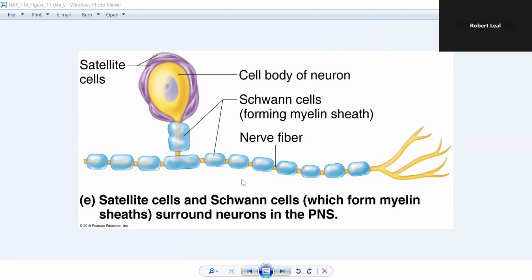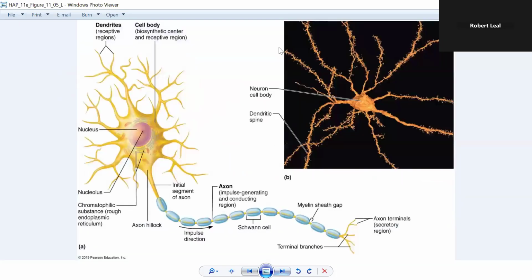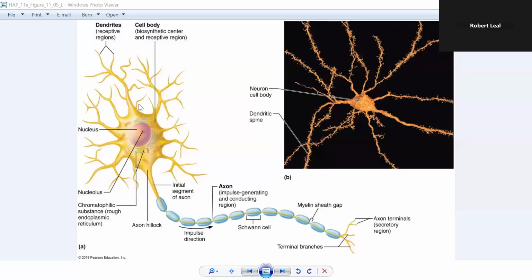You might notice in this picture, just take note, not all neurons are going to look the same. We'll get into how they're named in a little bit. So this is our typical picture of a neuron. Notice it did not look the same as the previous picture. This neuron is called a multipolar neuron.